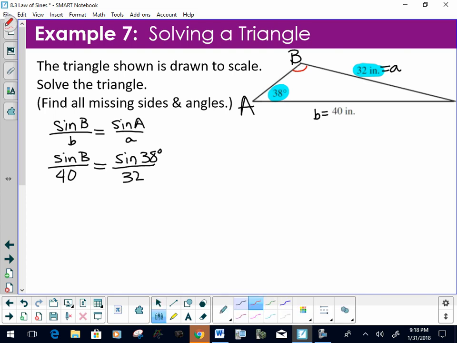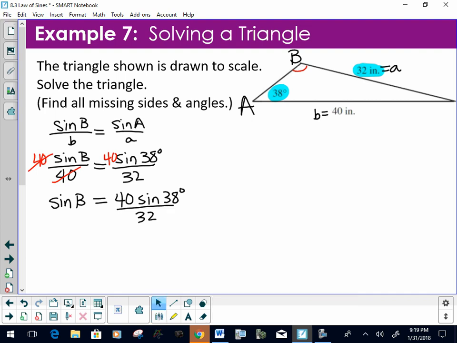So we're trying to solve for angle B. So we'll multiply both sides of our equation by 40. So we get that the sine of angle B is equal to 40 sine 38 over 32.